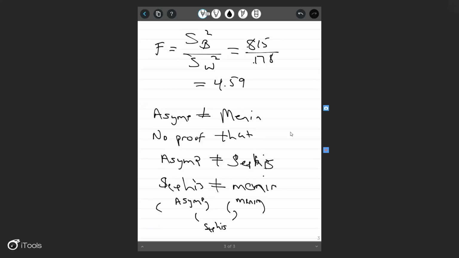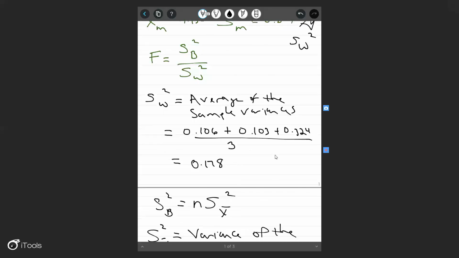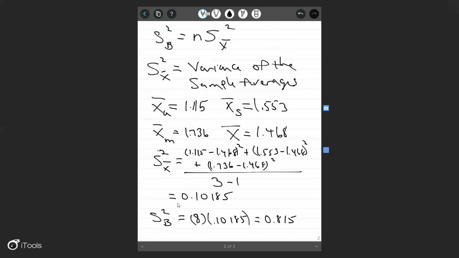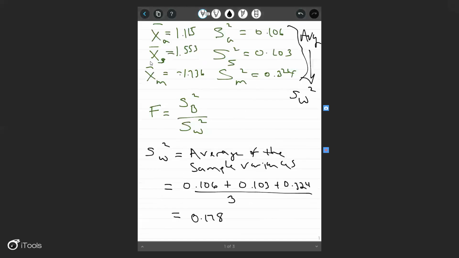Now, the type of question that I would normally ask on something like this in an exam would be: I would give you summary information, where I would give you sample averages and sample variances, and ask you for the overall average, and then ask you to calculate the test statistic.